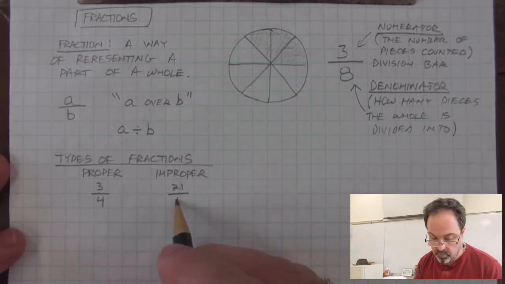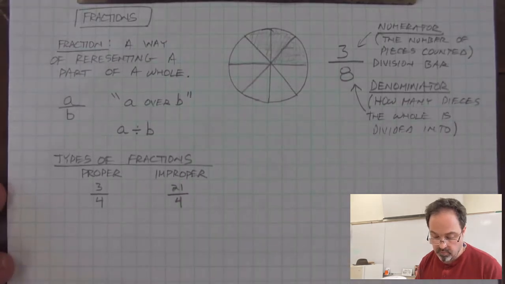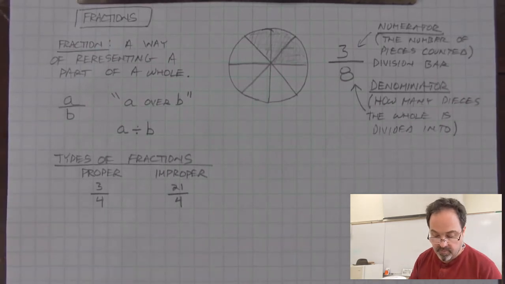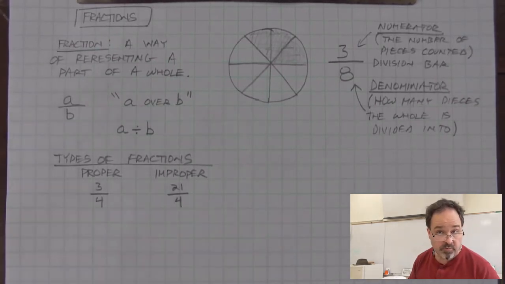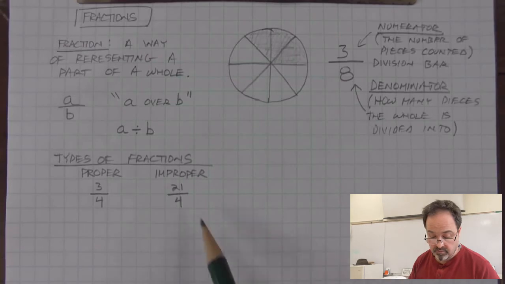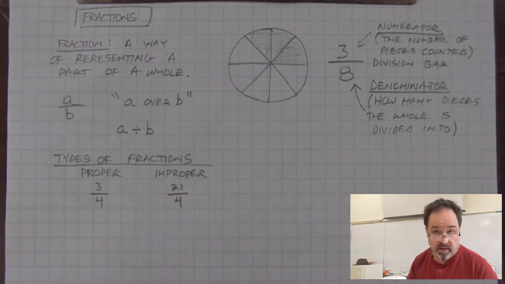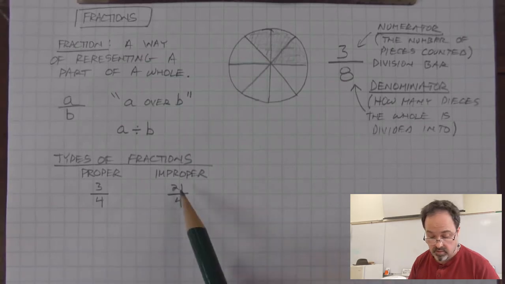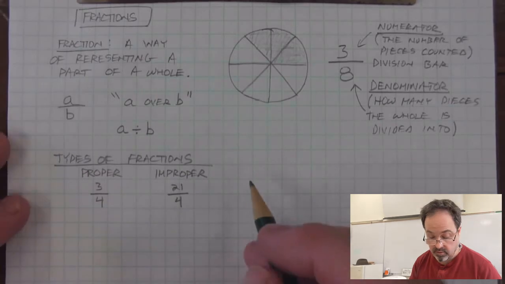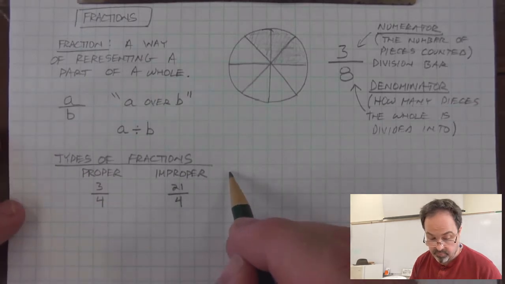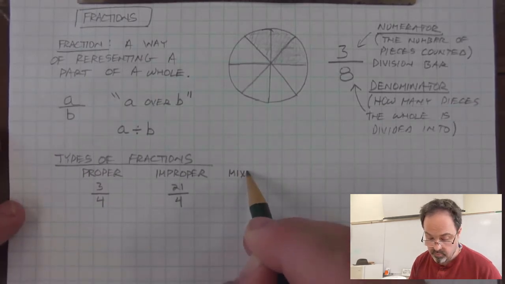like 21/4. This is improper because the numerator is larger than the denominator, which means that you have more pieces than you need to make a whole. This 21 over 4 could be converted into another type of fraction called a mixed number.